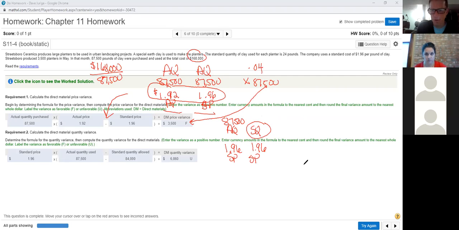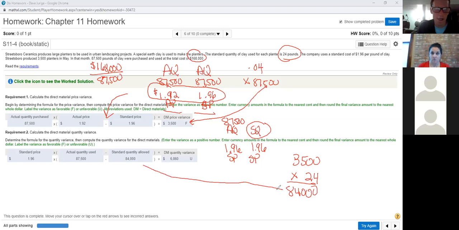They produced 3,500 planters, and the input, they have to tell you somewhere in the problem. Going back, it looks like it's 24 pounds. So you take 3,500 multiplied by 24. That would give you 84,000. That's the number they came up with right there.